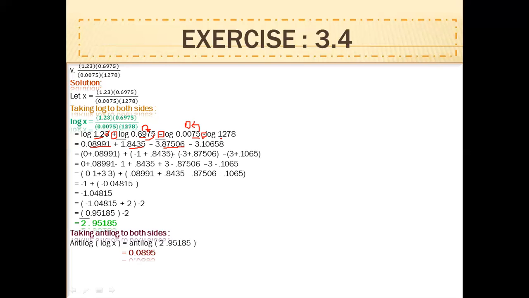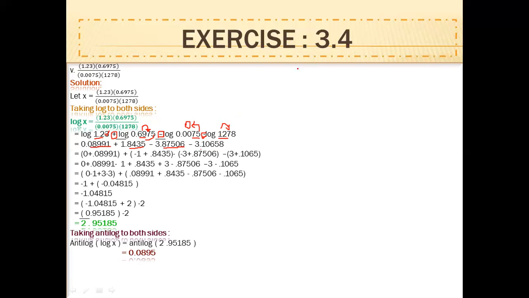Come to the last number. This is minus log 1278 and there is no decimal in this number. So we write minus. After converting it into scientific notation, we see that the characteristic is 3 and you check 12 in the column of 7 and after this in the difference column of 8.